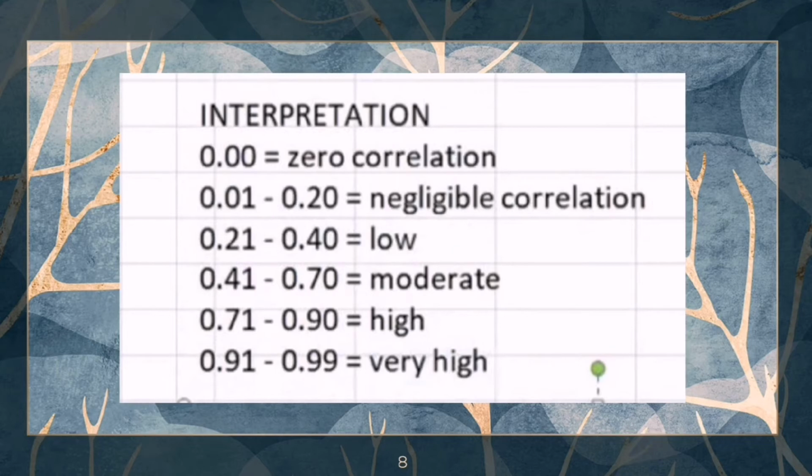And according to our computation, dun sa example ko, nakuha natin is 0.75. So, hanapin lang natin kung saan nakapaloob yung 0.75 na yon. And ayun, nandoon yung 0.75 sa high.